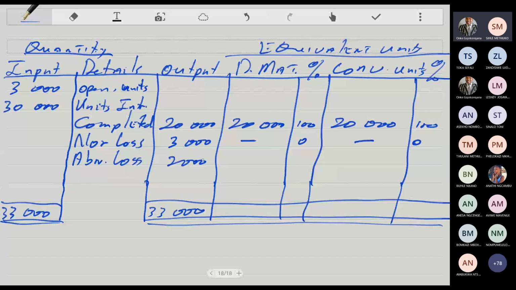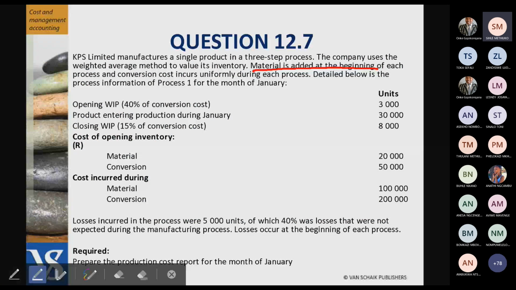If you can check here, material is added at the beginning of the production process. Because of that statement, unfortunately, our direct material is going to be affected by the normal loss, because all the material that we need for our production was allocated at the beginning of the production process.